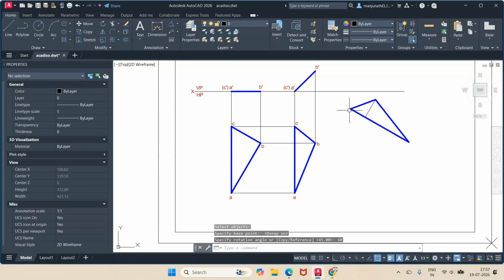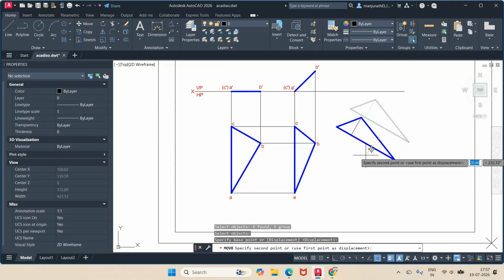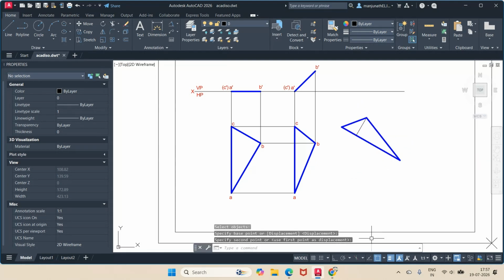Counterclockwise direction is positive. So now I'll go for move, select this and you keep it here. Then you go for copy, select this line, disable this, copy, take A and you take B and here you take C.